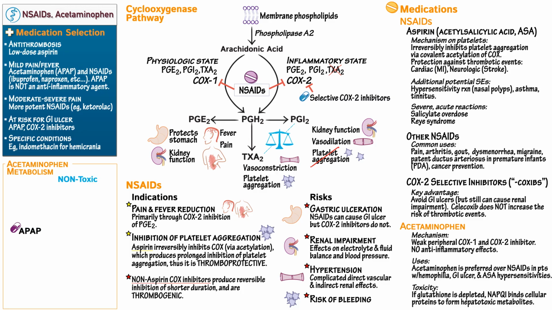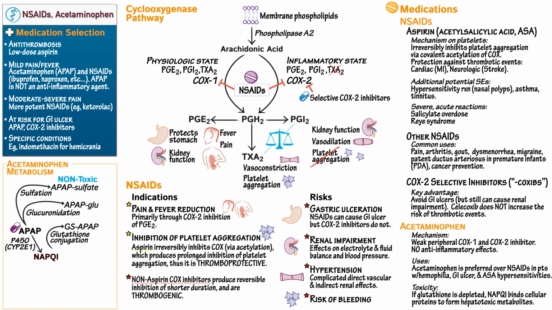It can undergo sulfation or glucuronidation to form non-toxic products, or it can undergo P450 metabolism, most commonly CYP2E1 metabolism, to form NAPQI, which can form non-toxic products via glutathione conjugation, cysteine and mercapturic acid conjugates.